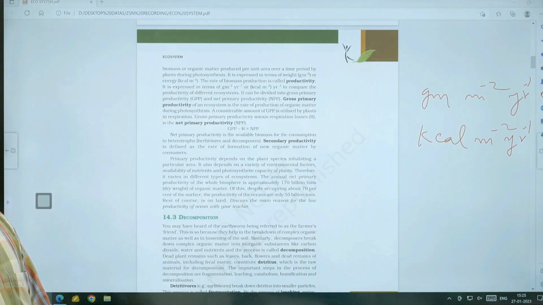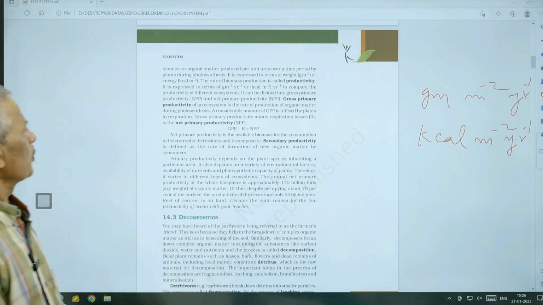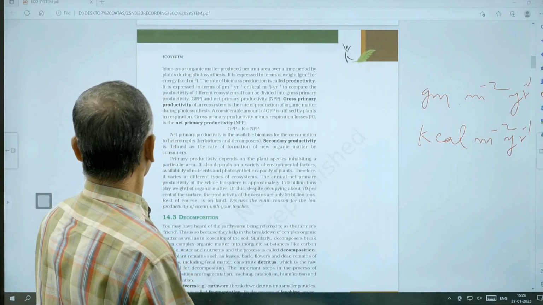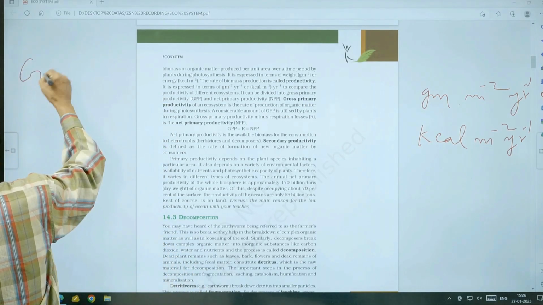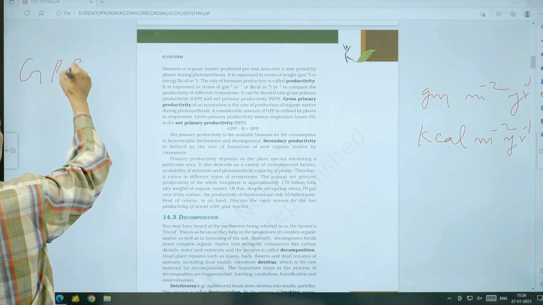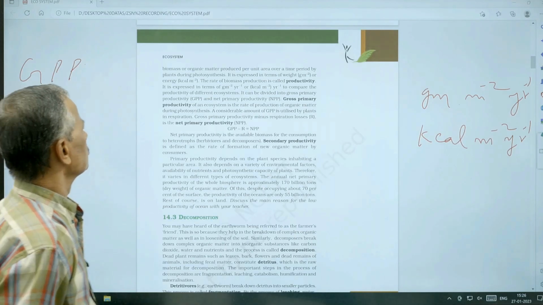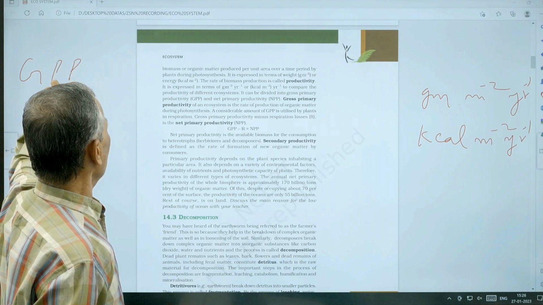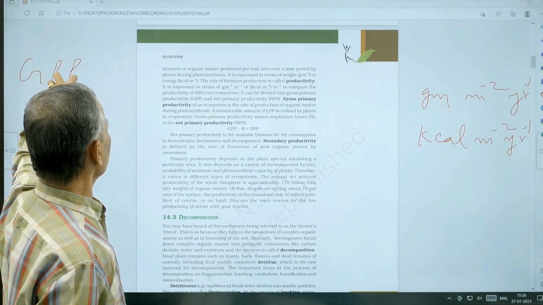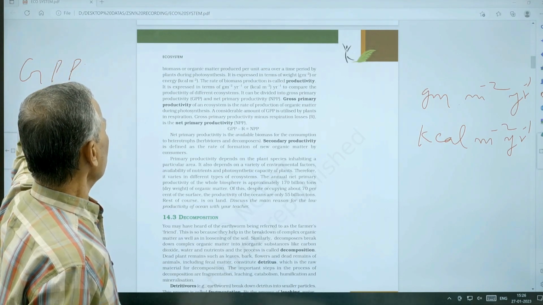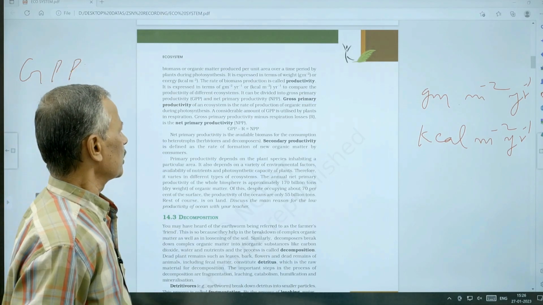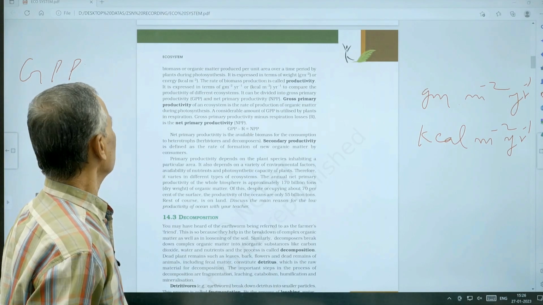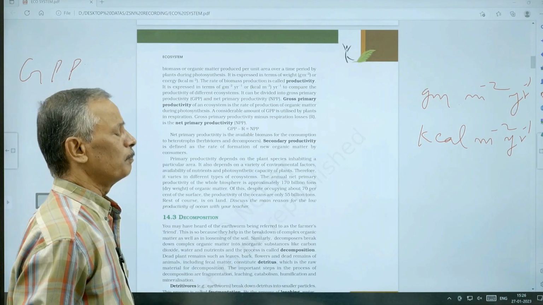There are two types of primary productivity. Total rate of production of organic matter during photosynthesis is called gross primary productivity, GPP.